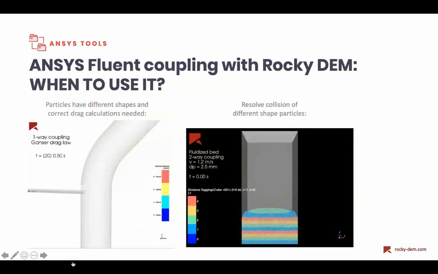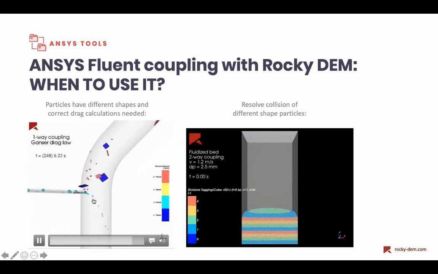So for example, we have different types of coupling. You can choose the one-way coupling, for example, when the particle volume fraction or the mass fraction is not big enough to affect the fluid flow. And you can see here, for example, particles are coming from the left with different sizes and shapes, and you have airflow being pumped from the bottom here.